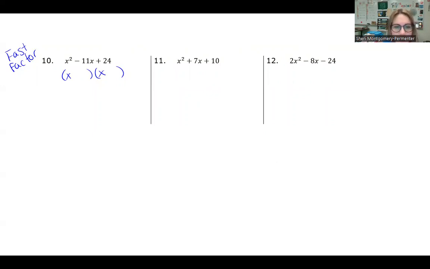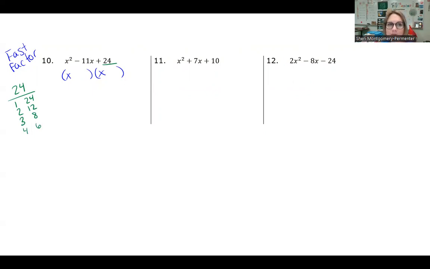And so our factors are going to always be of the last number. So 24. So factors of 24, 1 and 24, 2 and 12, 3 and 8, 4 and 6.